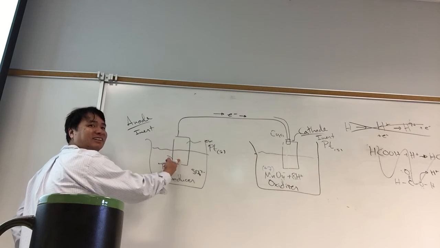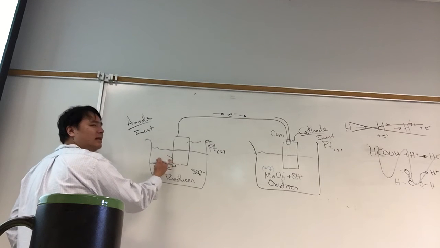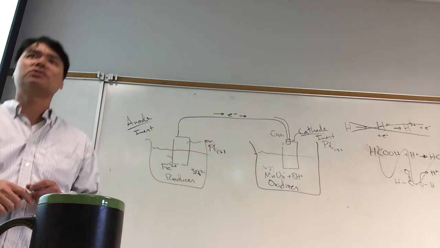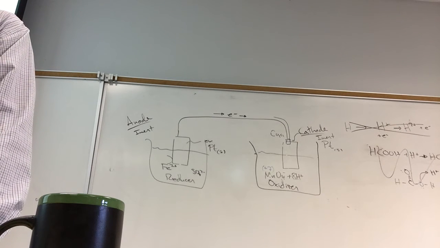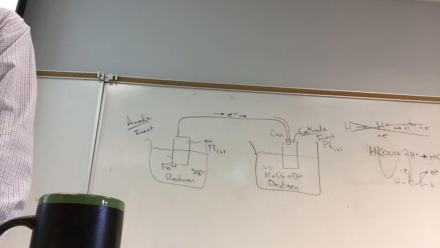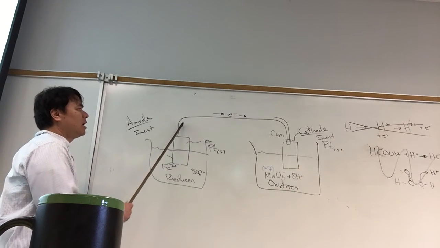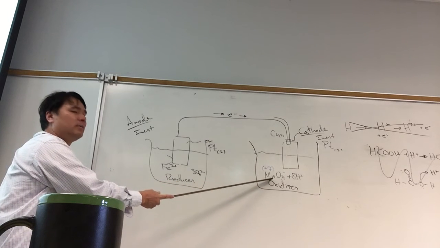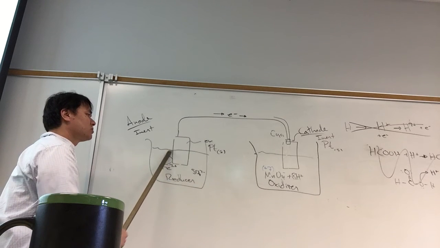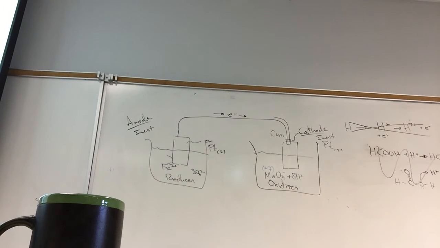Is it the platinum, the copper wire, the platinum? No, it's going to be the permanganate. Now, the permanganate is going to try to strip it off. Will it succeed? Well, let's take a look.